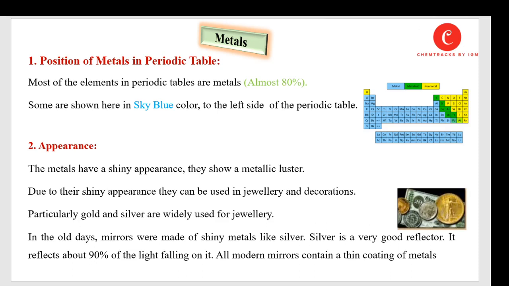Silver is a very good reflector of light. It reflects about 90% of the light falling on it. All modern mirrors contain a thin coating of metals. It means that due to their shiny appearance, we have very wide use of metals like silver and gold in decoration, jewelry, and mirror formation.